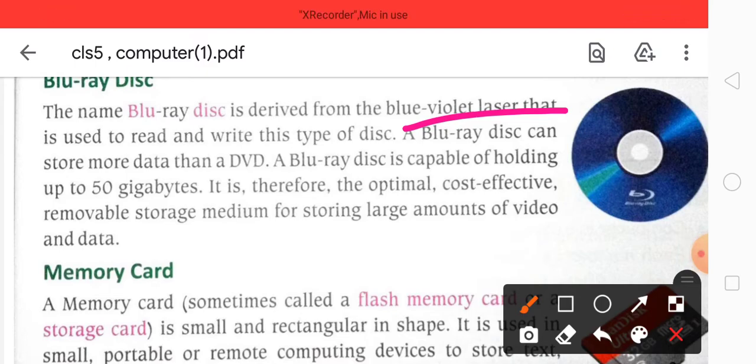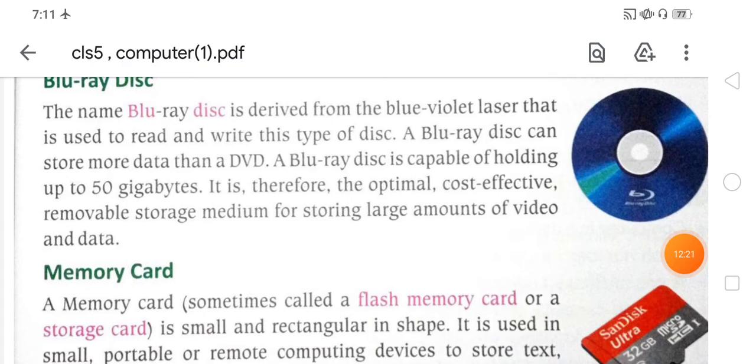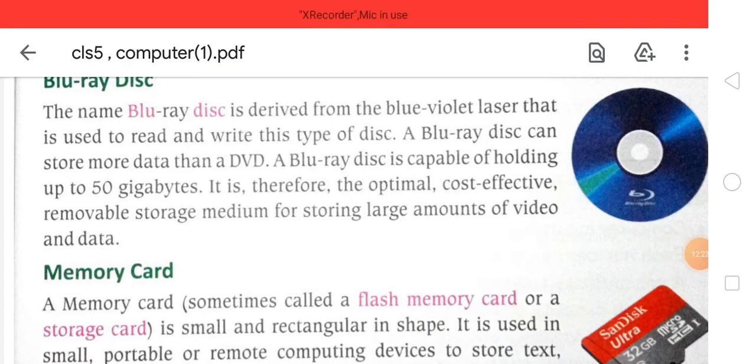A Blu-ray disc can store more data than a DVD. A Blu-ray disc is capable of holding up to 50 gigabytes. So it is the optimal, cost-effective and removable storage medium for storing large amounts of video and data.